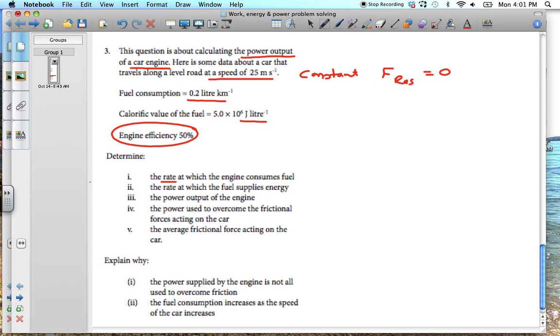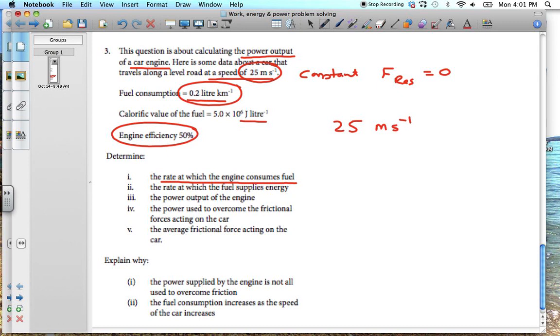Alright, so the rate at which the engine consumes fuel. Now, we are going at 25 meters per second, and the fuel consumption is 0.2 liters per kilometer.